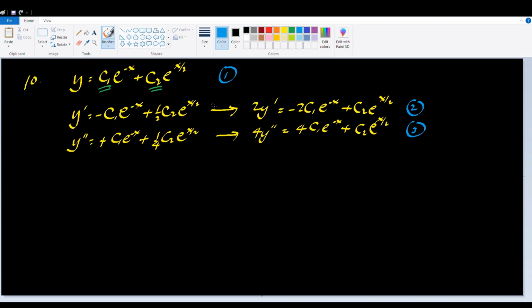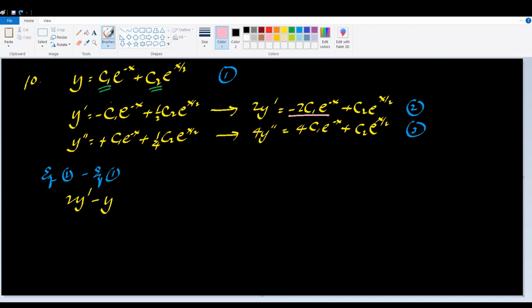What we do is we eliminate C2. So equation 2 minus equation 1. And what do we get? 2y prime minus y. Okay? You see that? 2y prime minus y. Then negative 2c1 e to the minus x, and negative 2c1 e to the minus x minus c1 e to the minus x.